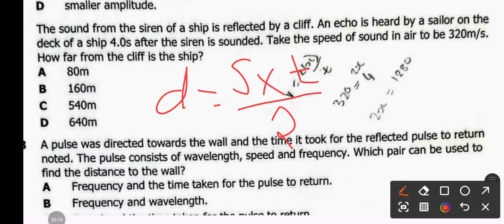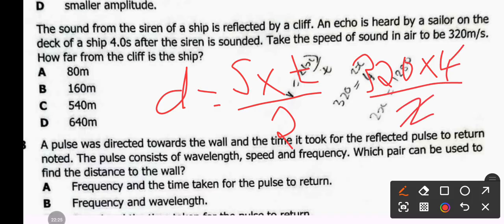Right. So we have our speed to be 320 and the time to be 4 over 2. So I'll have a value of about 640 meters, which is option D.